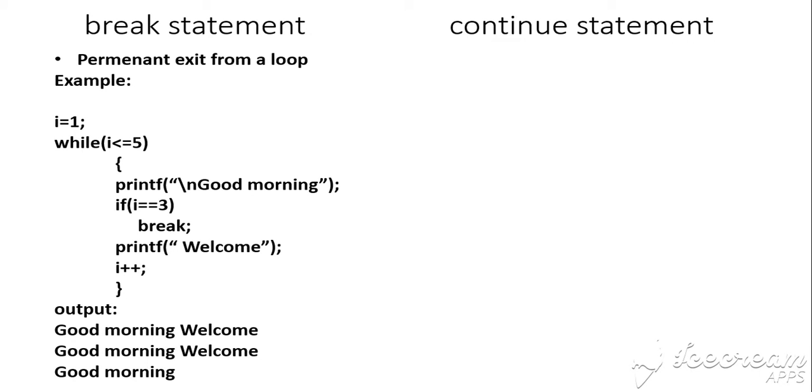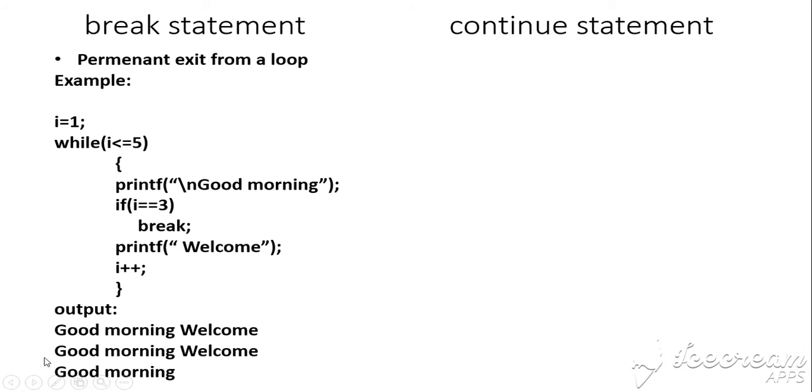The condition is true, so good morning will be printed. And what happens next? As the value of i is 3 now, the condition becomes true and the break statement is encountered. So the working of the loop terminates there and the control of the program comes out of the loop and continues with the rest of the program.